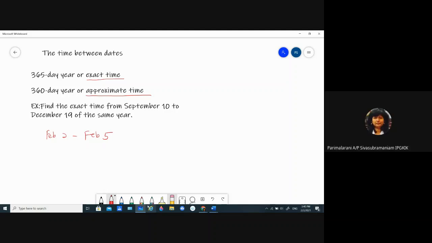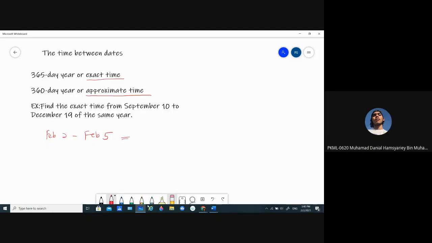In banking and in business, the general practice is to disregard the first day. We disregard the first day, we include the last day. So what is the exact time between February 2nd and February 5th?